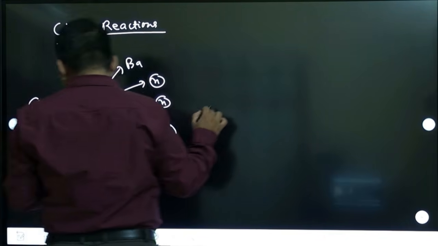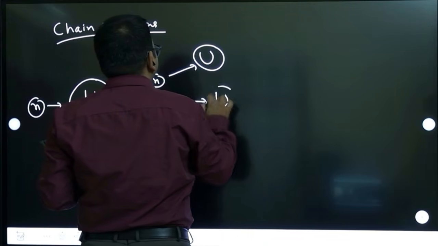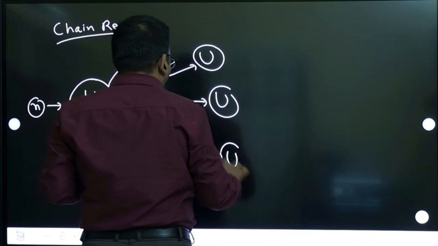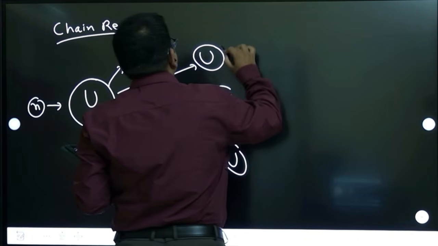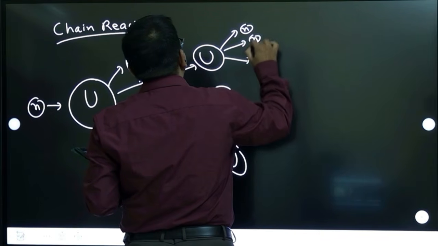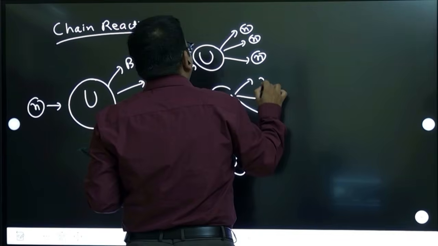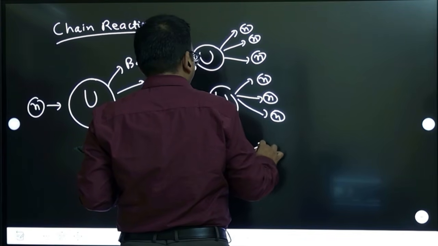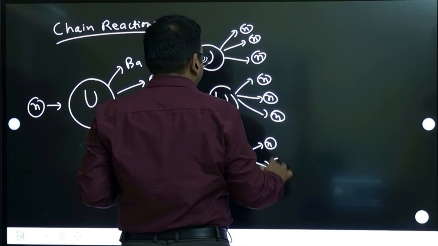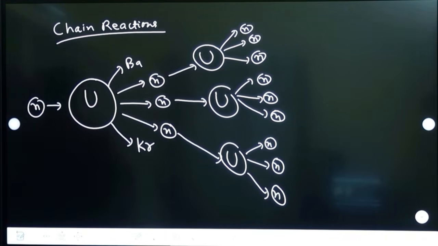These extra neutrons can again bombard another three uranium nuclei. If this happens, then again barium and krypton will be produced, and again three neutrons are getting produced. So the number of neutrons is getting multiplied geometrically.